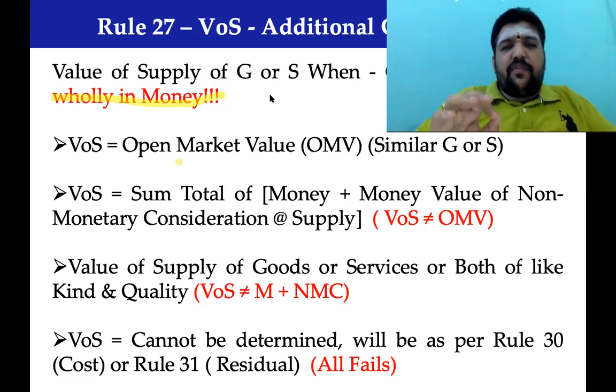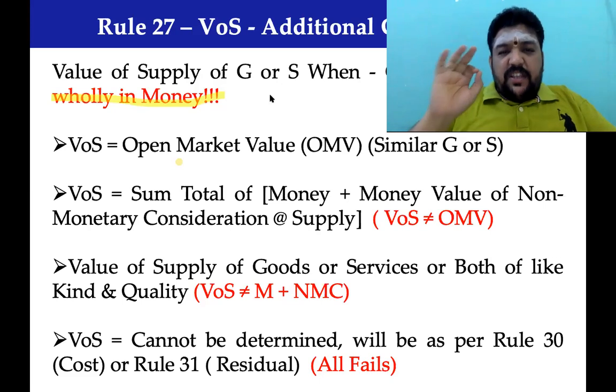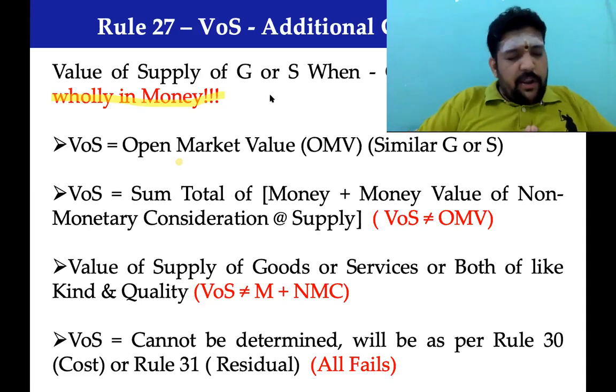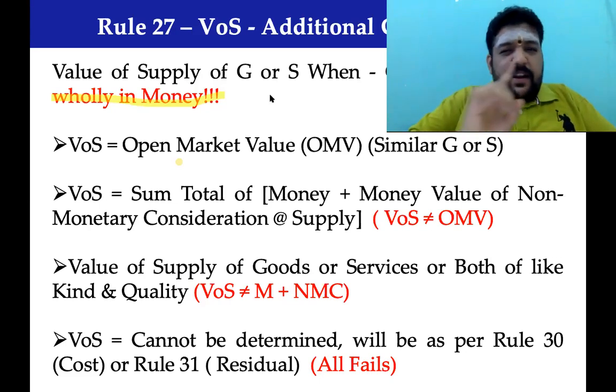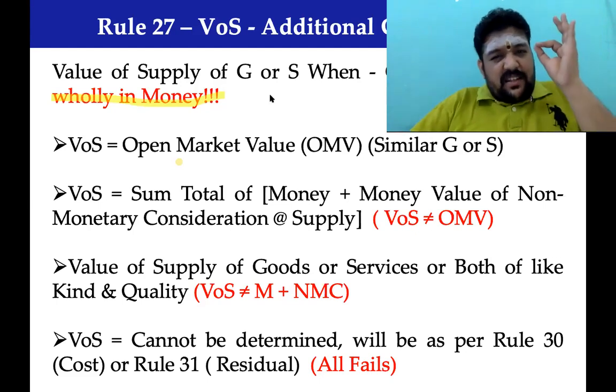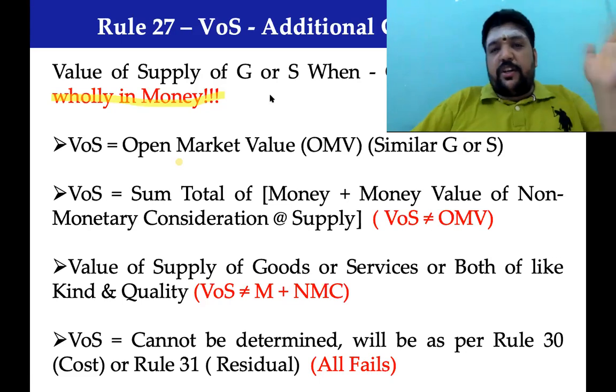I am entitled to some money, and I receive that money apart from this. If this be the situation, law is very, very clear. Value will be determined as per Rule 27. Let me repeat it. I have till now never gone into value, how to arrive at it. I'm just highlighting in which situation you will use it.